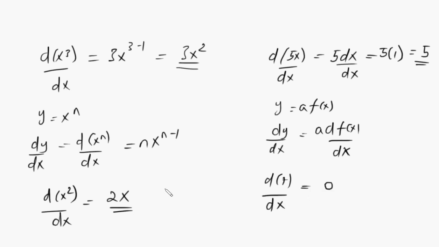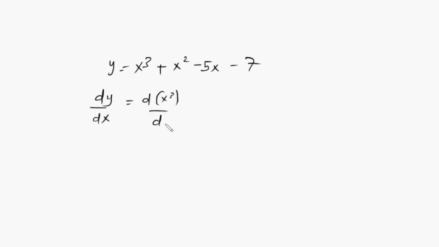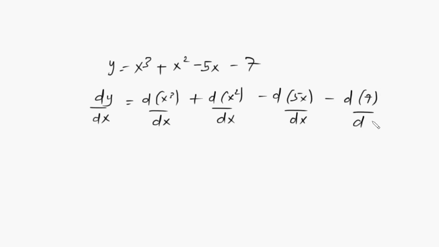So what did I have again? I had the function y equals x cubed plus x squared minus 5x minus 7. Then I said dy/dx, I just differentiate kimoja baada ya kingine, will just be d of x cubed/dx plus d of x squared/dx minus d of 5x/dx minus d of 7/dx.